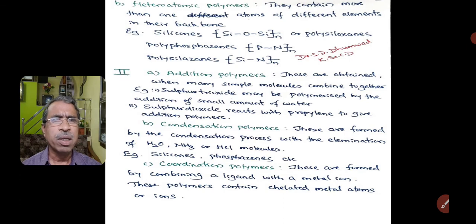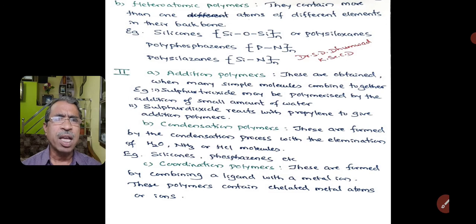For example, sulfur trioxide may be polymerized by the addition of a small amount of water. Here, sulfur trioxide and water get added and we get an addition polymer. Similarly, sulfur dioxide reacts with propylene to give addition polymers. Here, sulfur dioxide and propylene add onto each other, and that's how the polymer results.